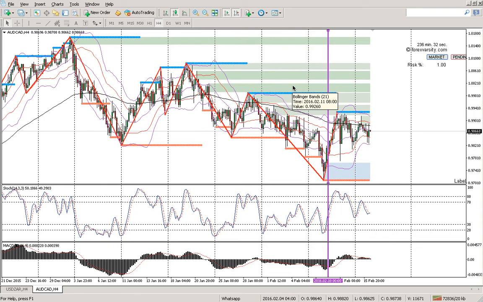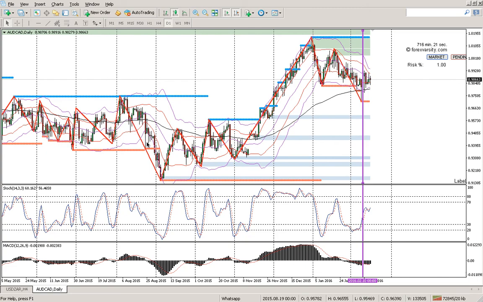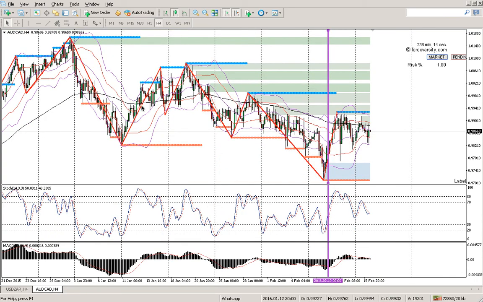The daily can be trusted much more because there's much more consistent movement. You can see how nice and smooth these zigzags are and how they go up, but on the 4 hourly it ranges quite a lot, as opposed to the daily being in more of a trendy state.